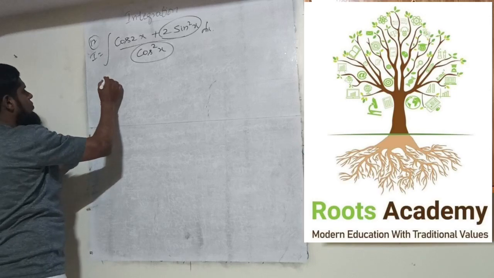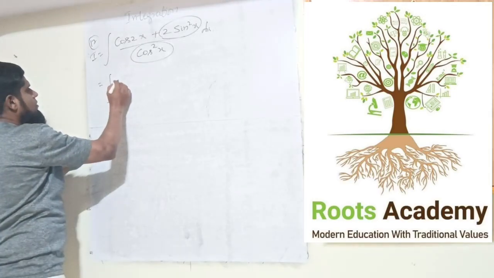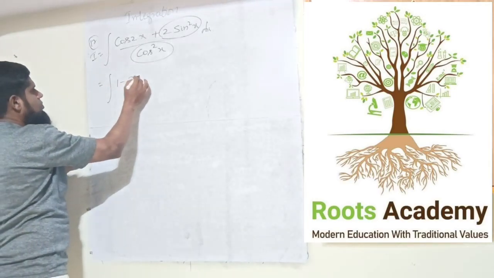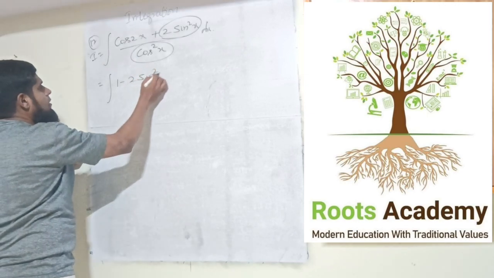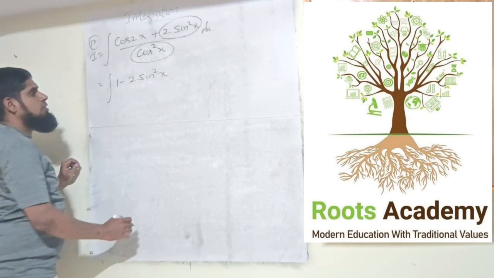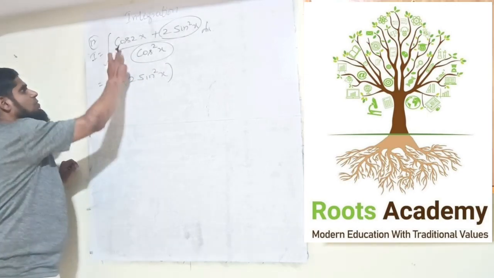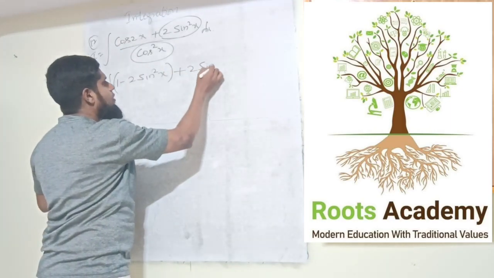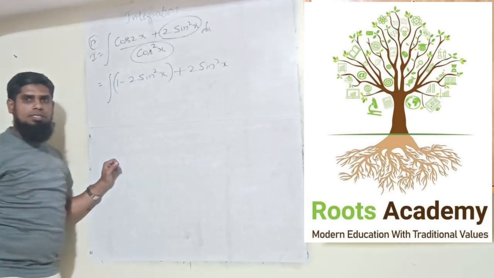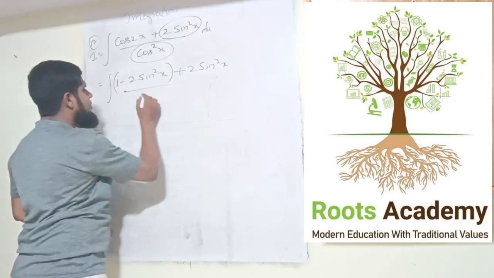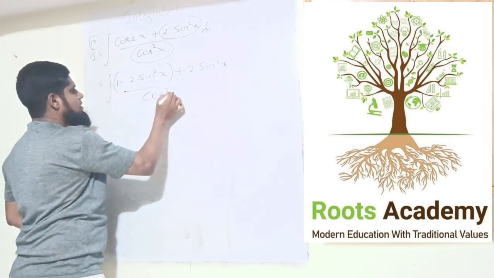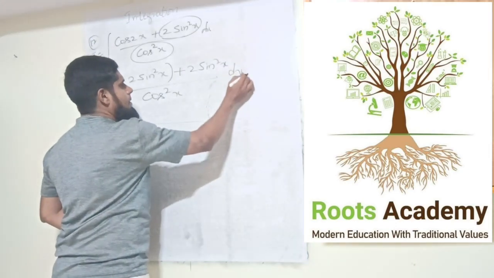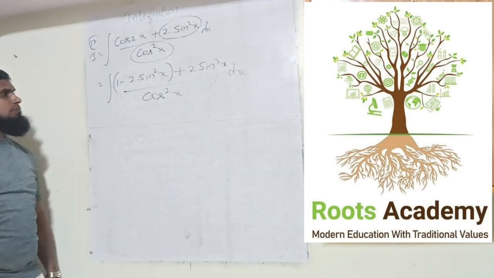One of the formulas of cos 2x says that 1 minus 2 sin square x. This is the formula of cos 2x, plus 2 sin square x as it is, no changes, divided by cos square x also as it is, no changes here, into dx.